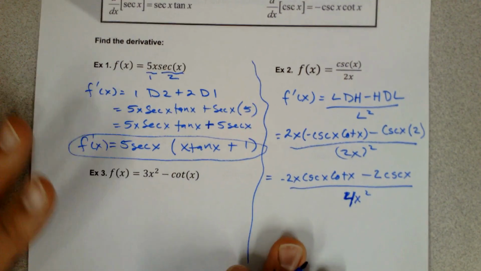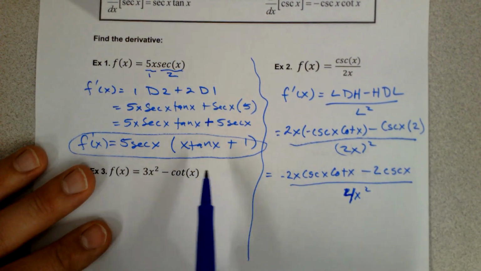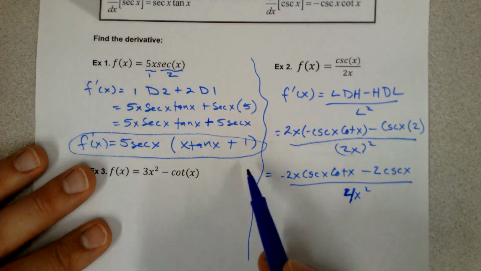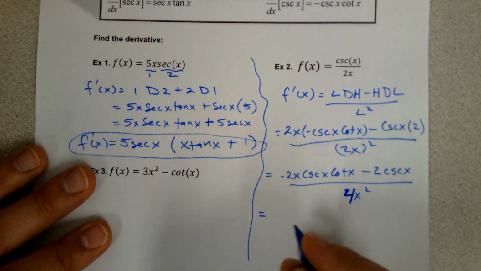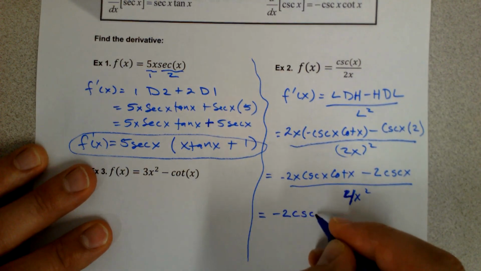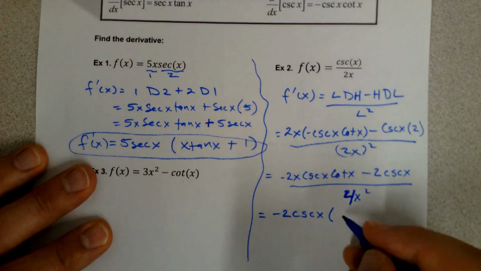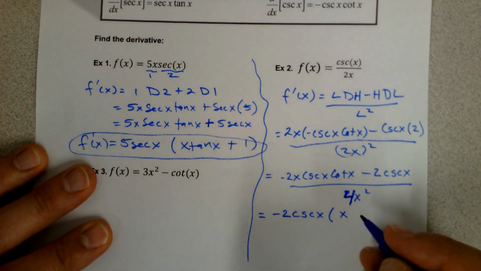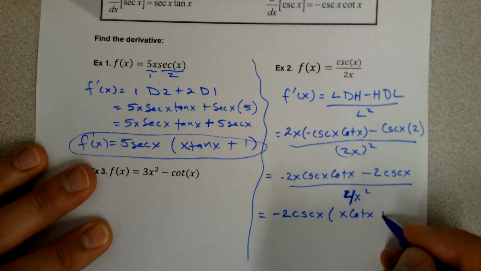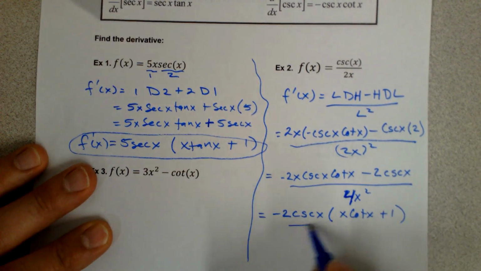If I look on top, I can do something like what we did over here. We have a 2 and a cosecant in both, so we can factor that out. In fact, I'm going to factor out a negative 2 cosecant of x. That leaves me with x cotangent of x plus 1, so that when I distribute, it gives me back up here.